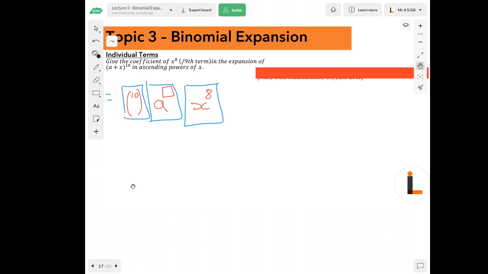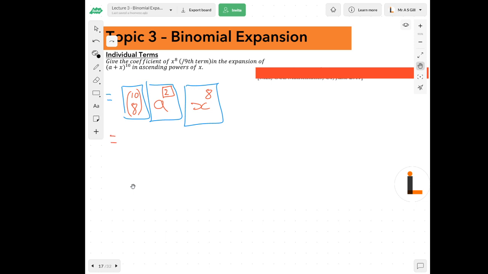We know that the powers of our 2 terms must add to give us 10. We've already got 8, therefore a must be to the power of 2. Then we know that our choose function must match either index of our terms, and normally we take the first one, normally we take the second one, so this is 10 choose 8. But like I said, 10 choose 8 and 10 choose 2 will give you the exact same value because this is symmetrical, because Pascal's triangle is symmetrical.